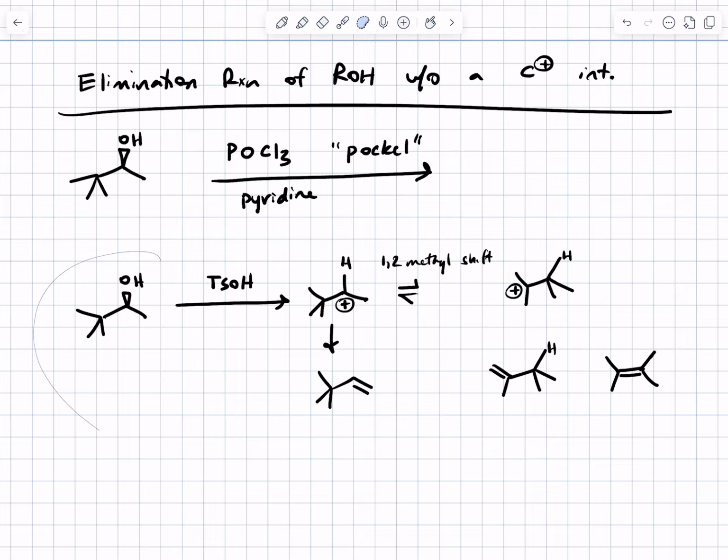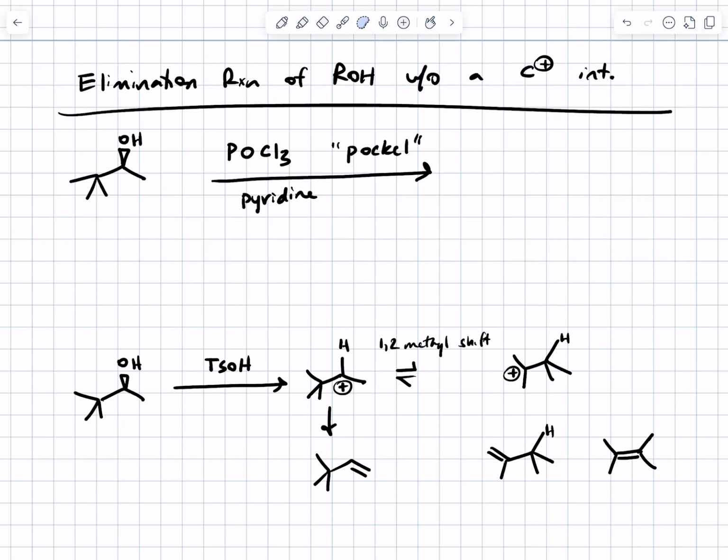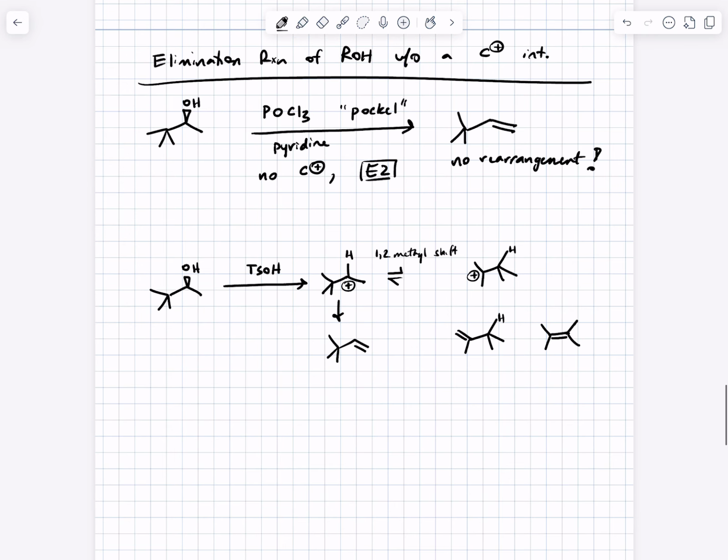In contrast, with our good friend POCl, you only see the non-rearranged product exclusively. And the reason for that must be that there is no carbocationic intermediate, and so the mechanism is basically E2.